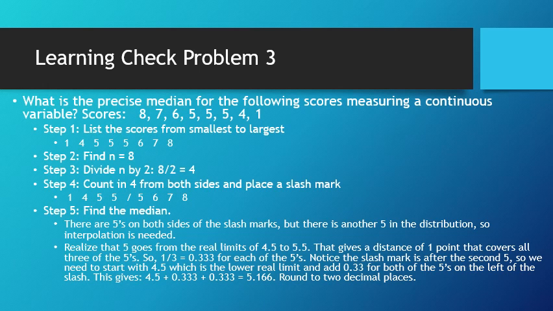So we need to start with 4.5, which is the lower real limit, and add 0.333 for each of the 5s on the left side of the slash. That gives us 4.5 as our starting point, plus 0.333 for the first 5, plus 0.333 for the second 5, which is 5.166. Let's round to 2 decimals, and we get a median of 5.17.